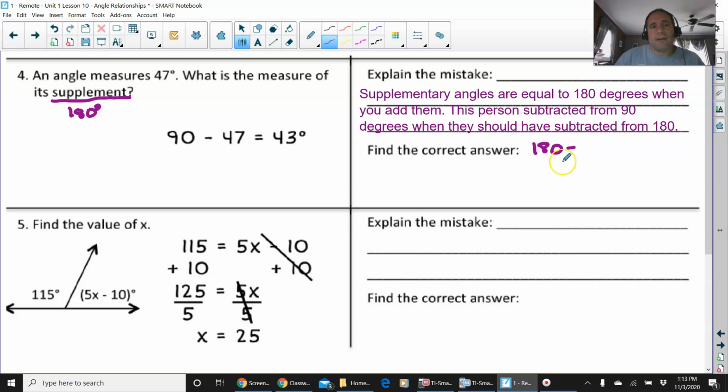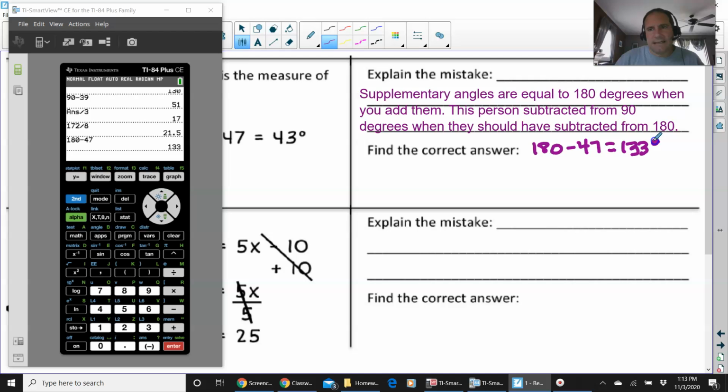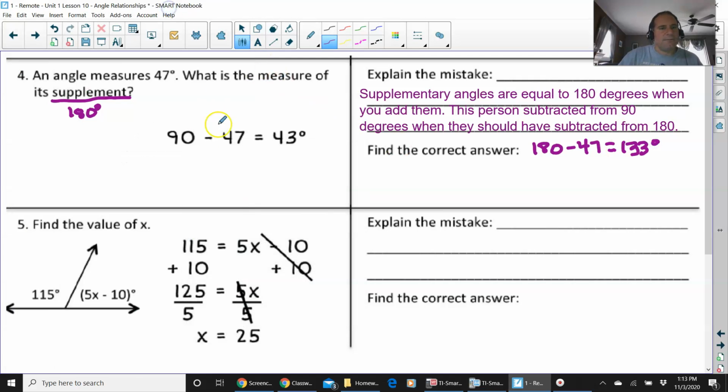So we're going to do 180 minus the given, which is 47. 180 minus 47 equals 133 degrees. And that is the correct answer for that one.